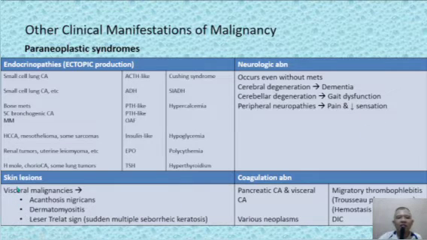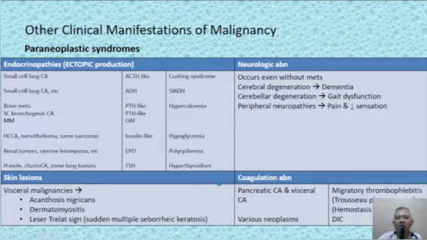Okay, for visceral malignancies, okay, you can see acanthosis nigricans, no? If you take note, acanthosis nigricans is a manifestation of hyperinsulinemia. And also, the Leser-Trélat sign, no? A sudden appearance of seborrheic keratosis.